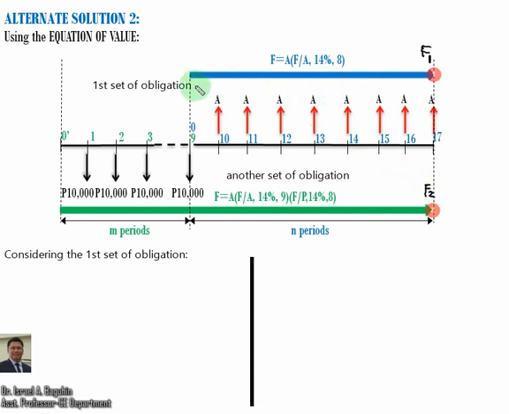From this point going to the right, the annuity is continuous. There was no deferment of annuity here from this point to point 1. So in order to get the value of F, we consider the F/A, which is case number 2.